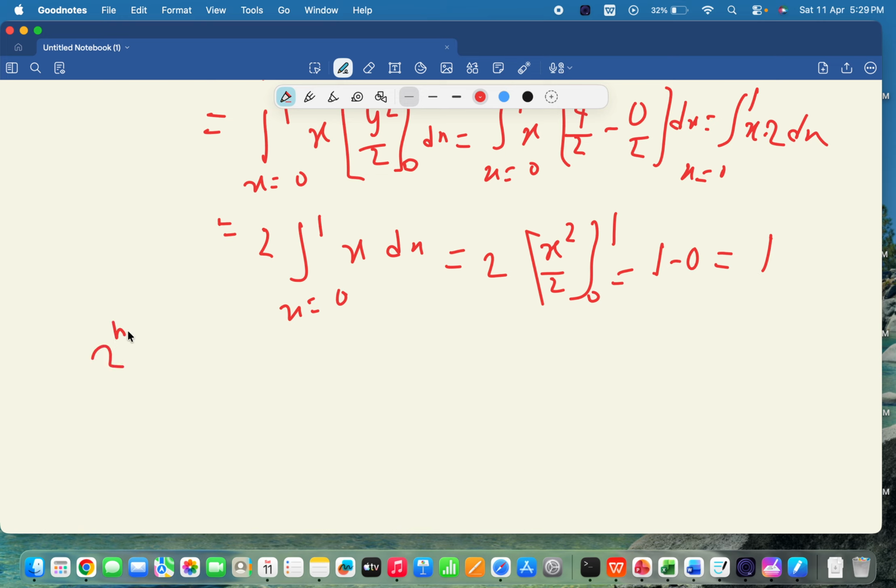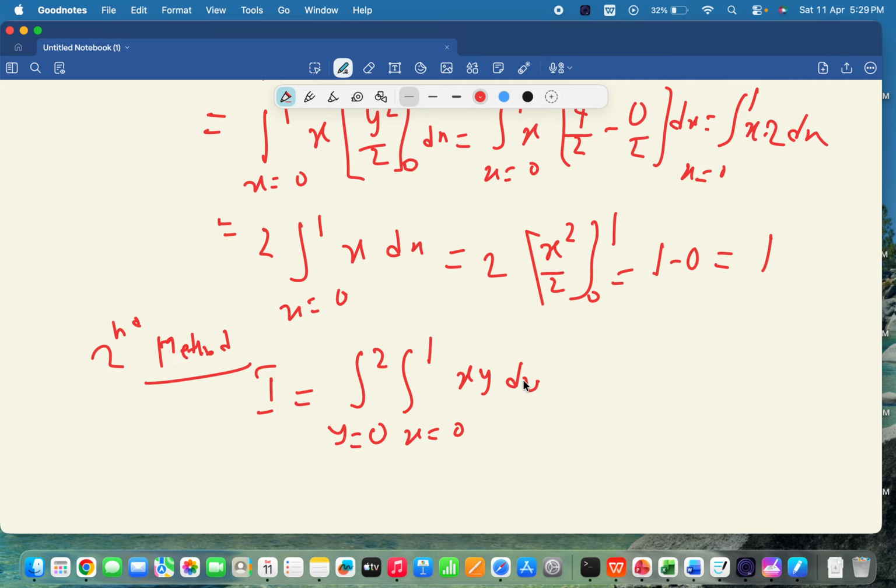Then there is a second method and you will get the same answer by putting first y from 0 to 2 and then x from 0 to 1. In this case, xy dx and then dy.